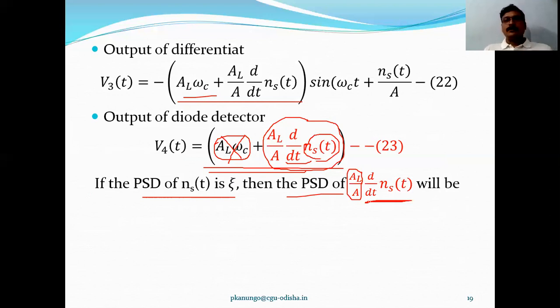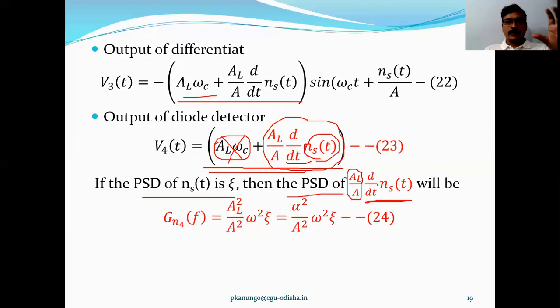How will we calculate it? We have seen that the output power spectral density of a differentiator is equal to |H(f)| squared times the input power spectral density. The differentiator transfer function is j omega, so |H(f)| squared is equal to omega squared. Zeta is the power spectral density of n_s(t), and A_L by A is squared.